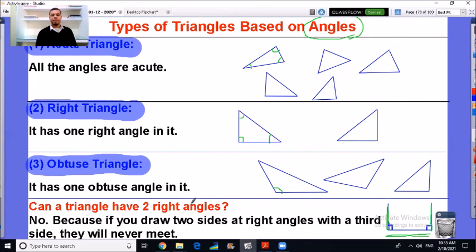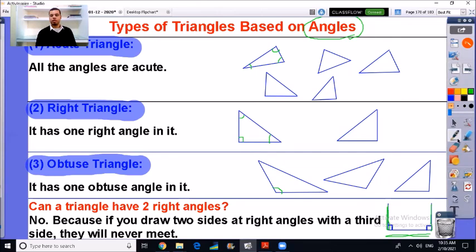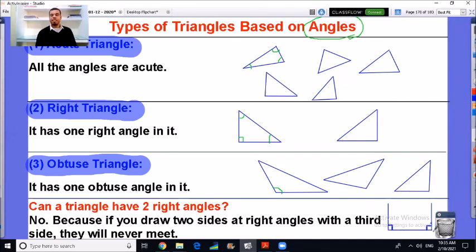They will never meet. And then you draw this. This is all you need to say. If you draw two sides at right angles with a third side, they will never meet. And then you have to draw this as well.